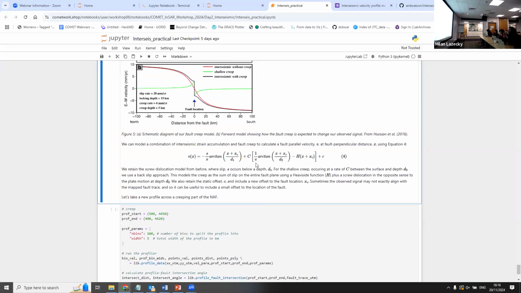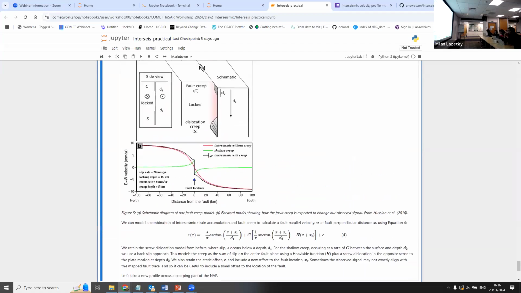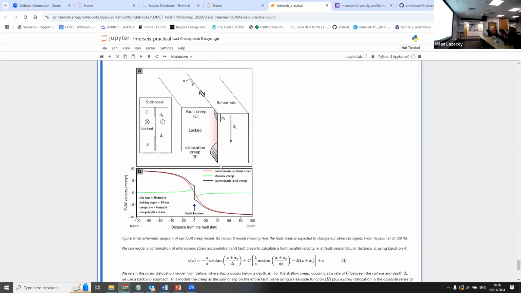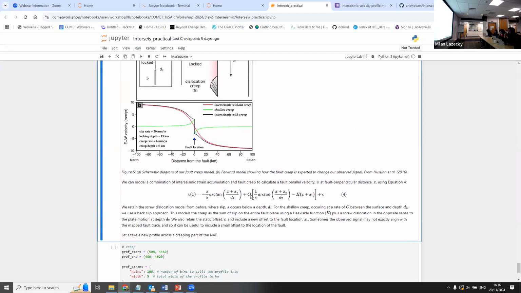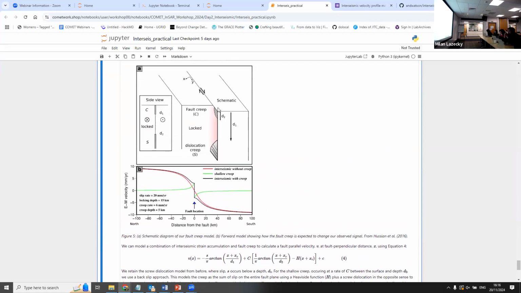In this new equation, S is still the slip rate below the locking depth, while C is the creeping rate in the shallow crust.